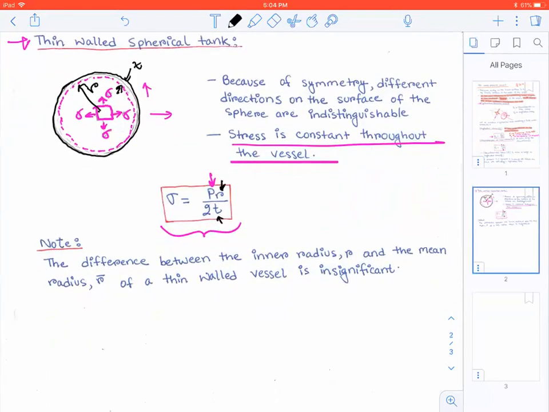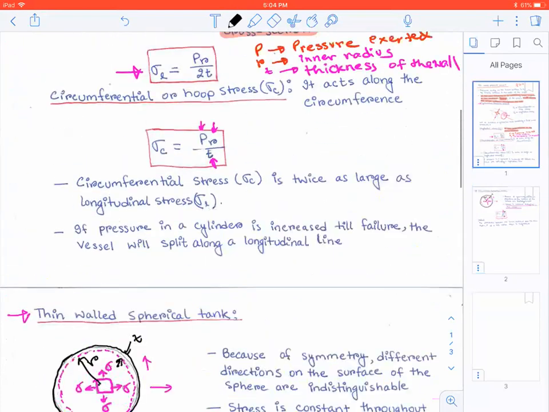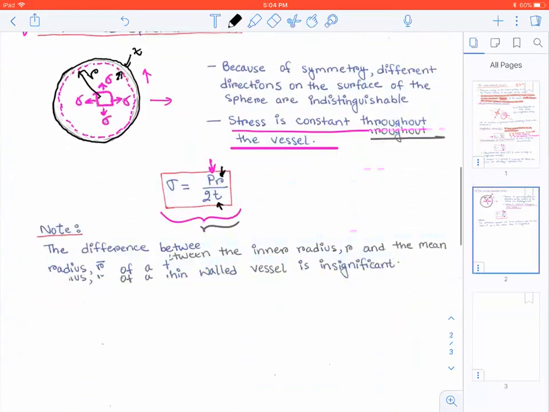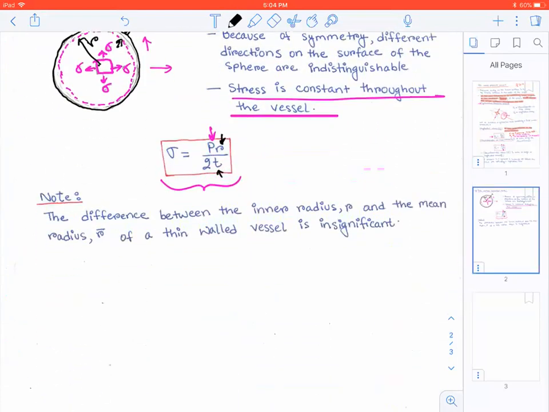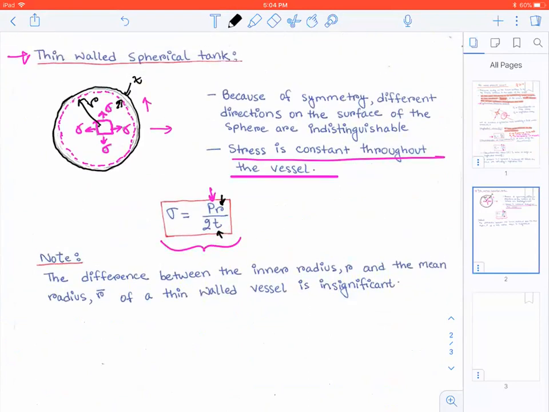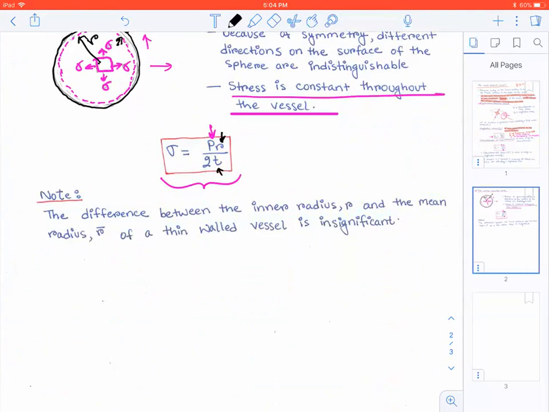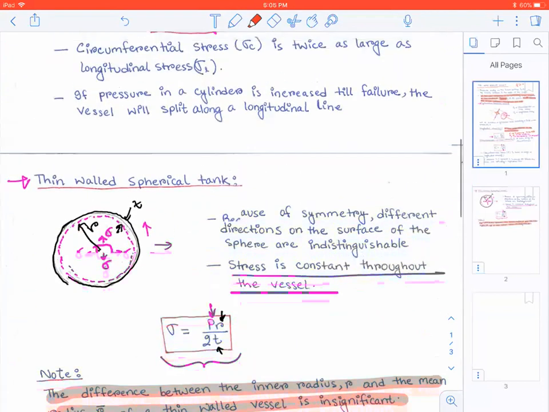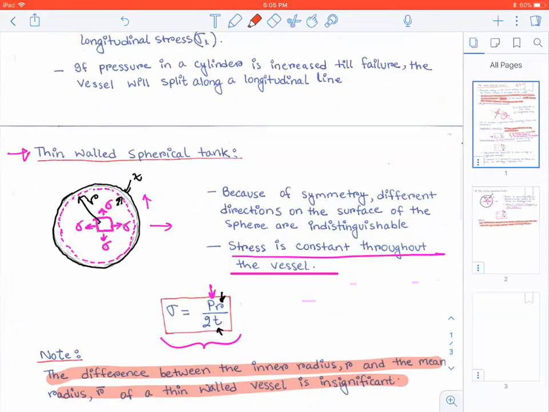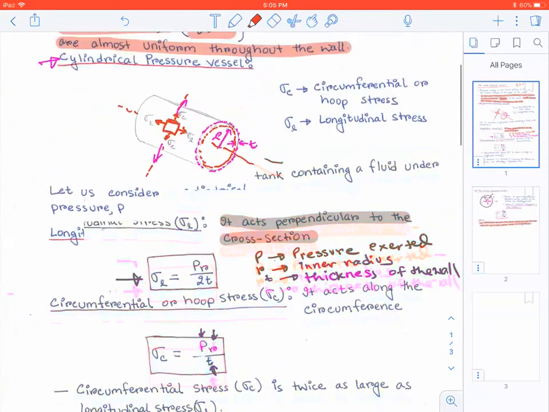So remember, in all these formulas I used the inner radius. The reason being, for a thin cylinder you could have used a mean radius, but the formula doesn't use a mean radius because it considers that the difference between the inner radius and the mean radius of a thin-wall pressure vessel is insignificant. So it just skips it and uses the inner radius directly. Okay.